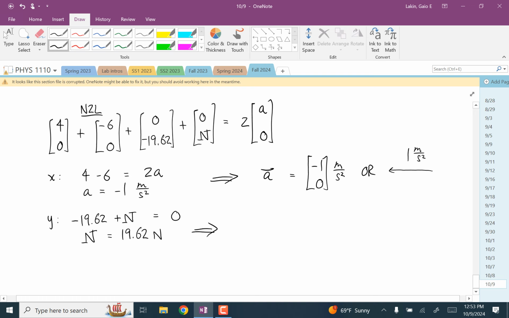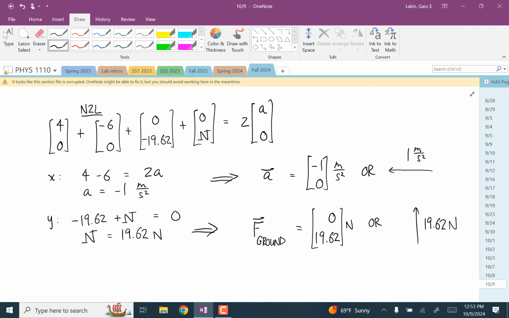And plug this one into that force vector, the 0n force vector, and it says that the force from the ground is equal to 0, 19.62, or an upward force of 19.62. Okay, so that's the idea of using Newton's second law.